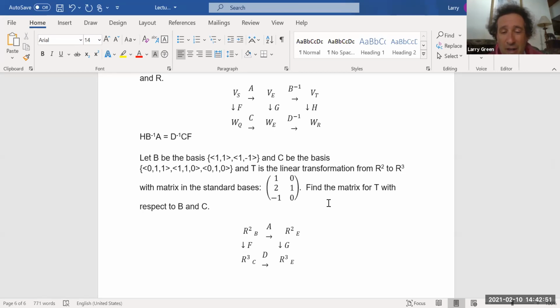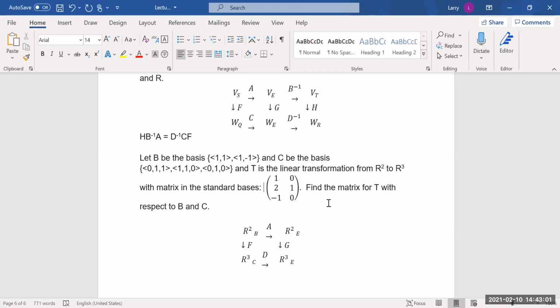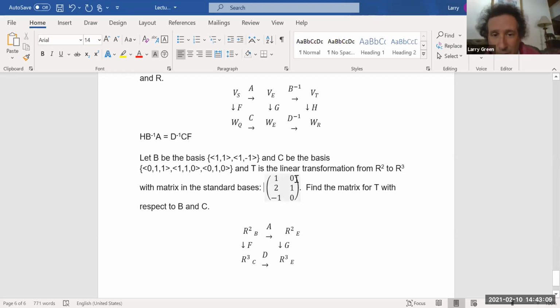Which one is that in our diagram? This one here, the 1, 0, 2, 1, negative 1, 0.